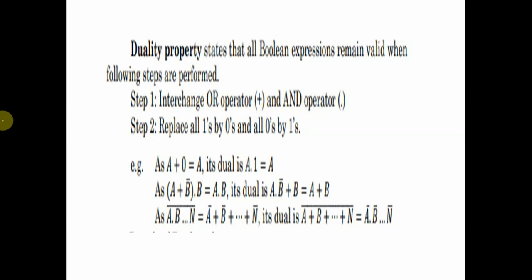In the first step, interchange OR with AND and AND with OR, and replace 1 by 0 and 0 by 1. The first example is A plus 0 is equal to A.